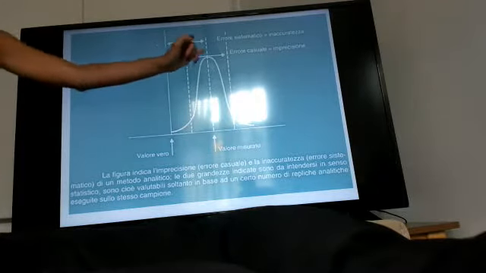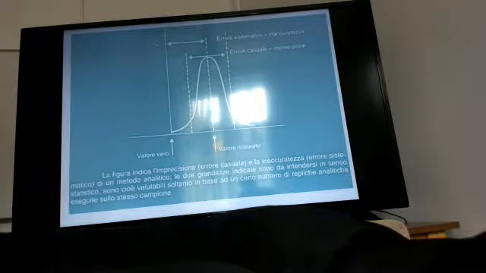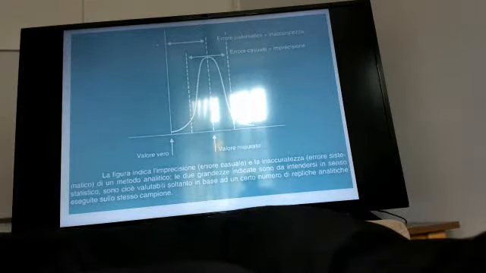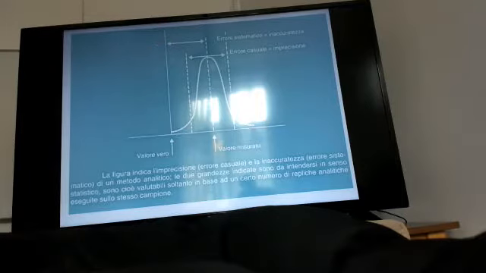So the distance between the minimum and the maximum value that you have measured in the same sample is the casual error and is related to the imprecision. So the distribution of values in the same sample.